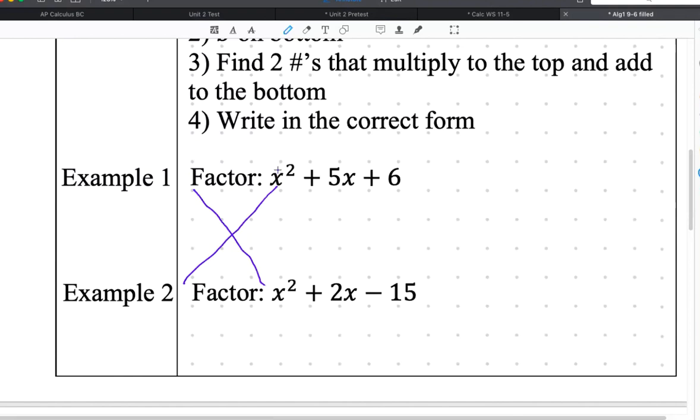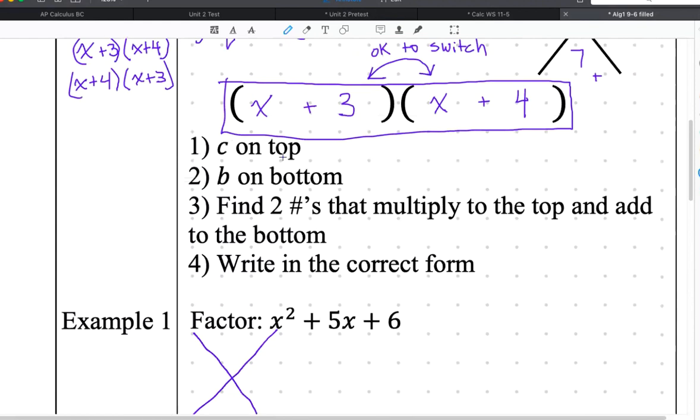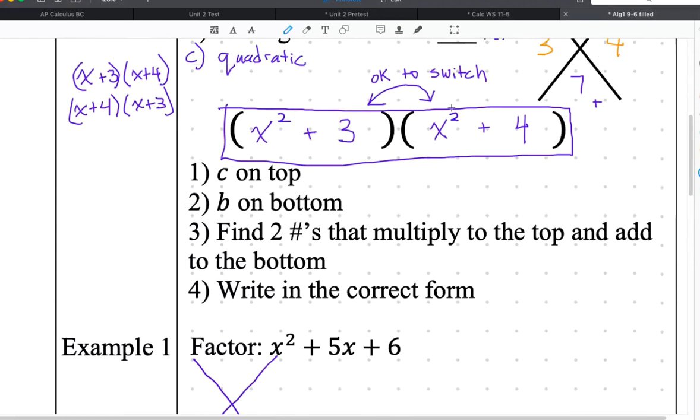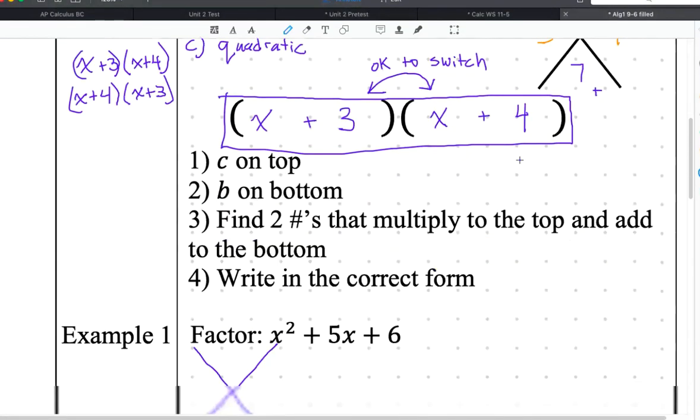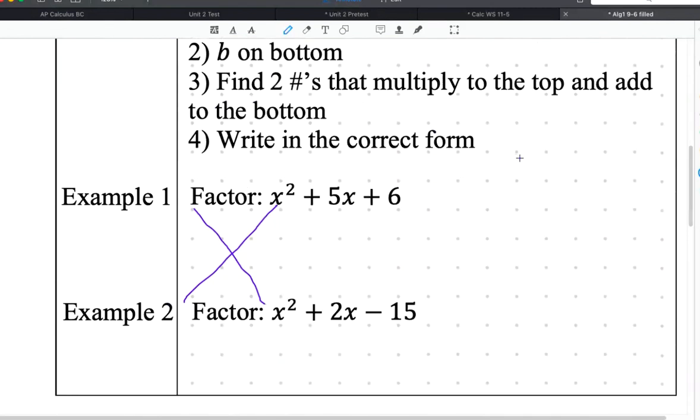Because if we accidentally put x squared here or x squared here, when I multiply these two together in my first step of FOILing, F stands for first, then x squared times x squared is x to the power of 4, and I didn't start with x to the power of 4, I started with x squared. So you could never have 2x or 3x or anything? You can, but not for today. I'm just doing the basic version.